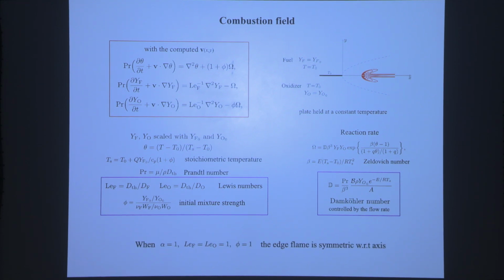Just by looking at the equation, if alpha is 1, the flow field is symmetric. If the Lewis numbers are 1, all the other equations are symmetric, and therefore, including if phi is 1, you expect a symmetric solution, right? In other words, it's going to be a symmetric picture around the axis.